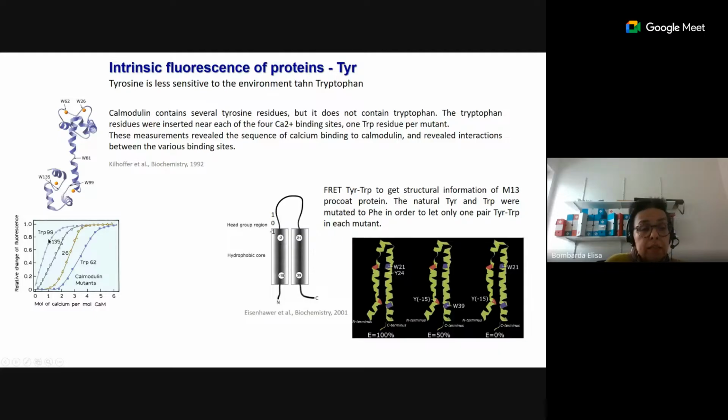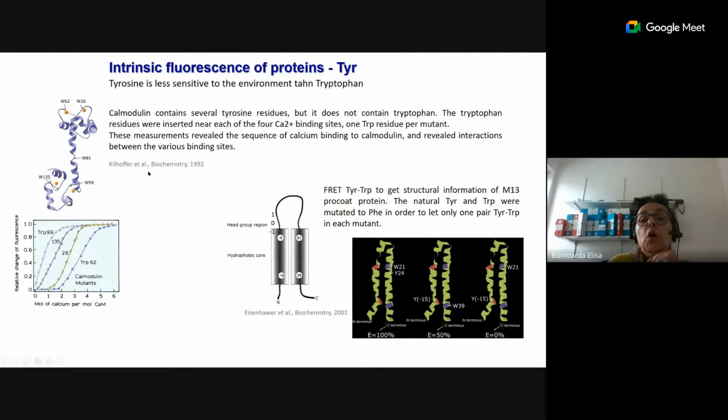Studying the curve, it was possible to understand the sequence of filling of the different domains, so the sequence of calcium binding to calmodulin, and it also revealed interaction between the various binding sites.